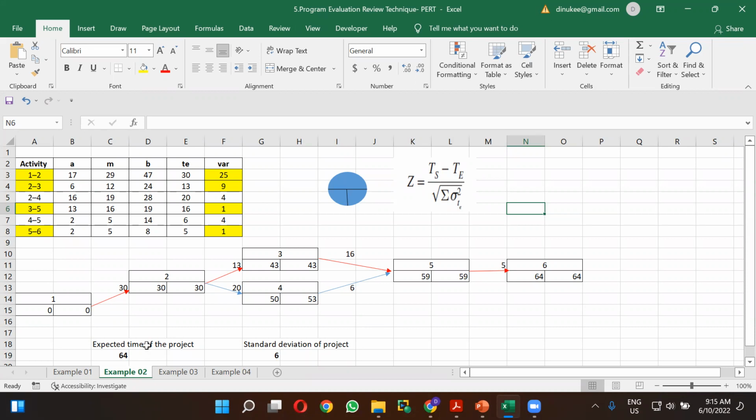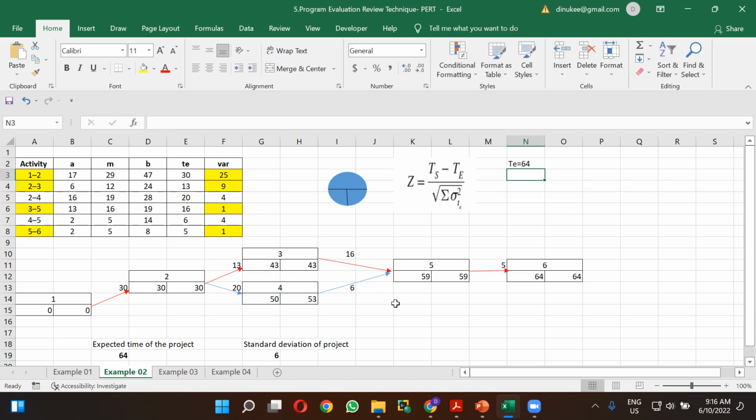How many days will this project take to complete? According to this example, it is 64 days. So the critical path duration for this project network is 64 days.